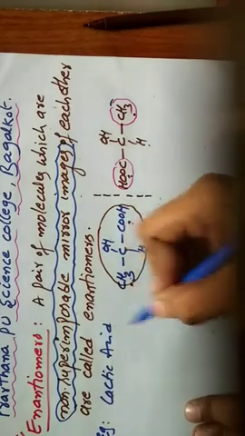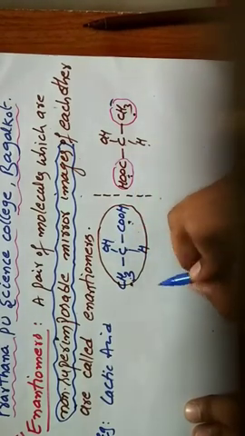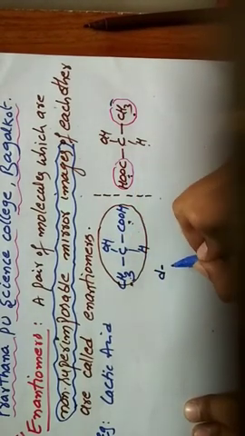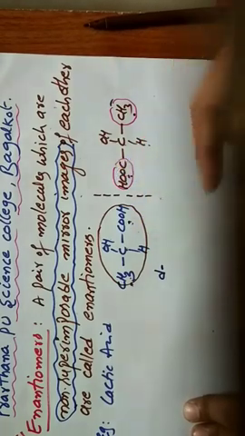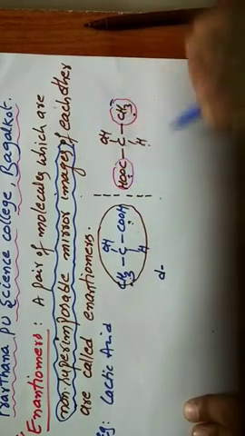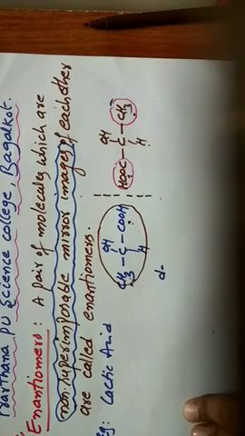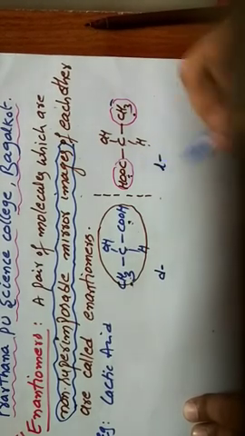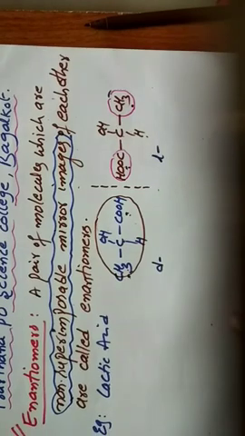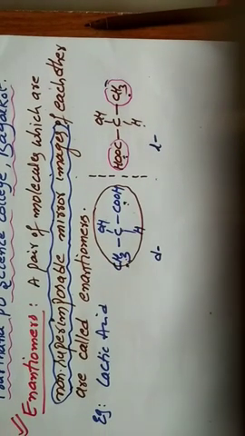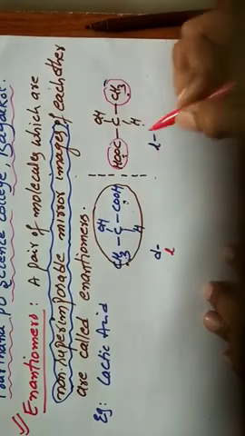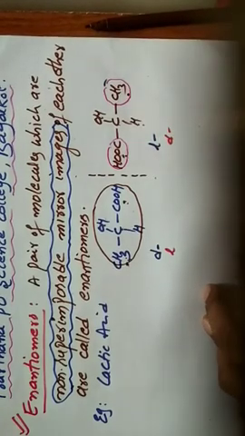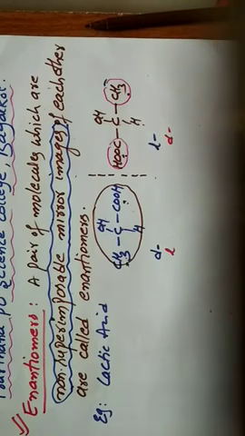If one molecule exhibits dextrorotatory, its mirror image must exhibit levorotatory. And if this molecule is levorotatory, its mirror image exhibits dextro. These pairs of molecules are called enantiomers.